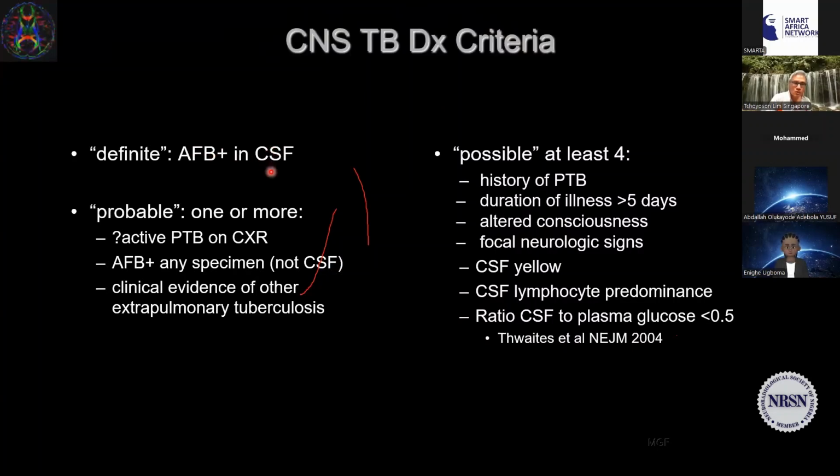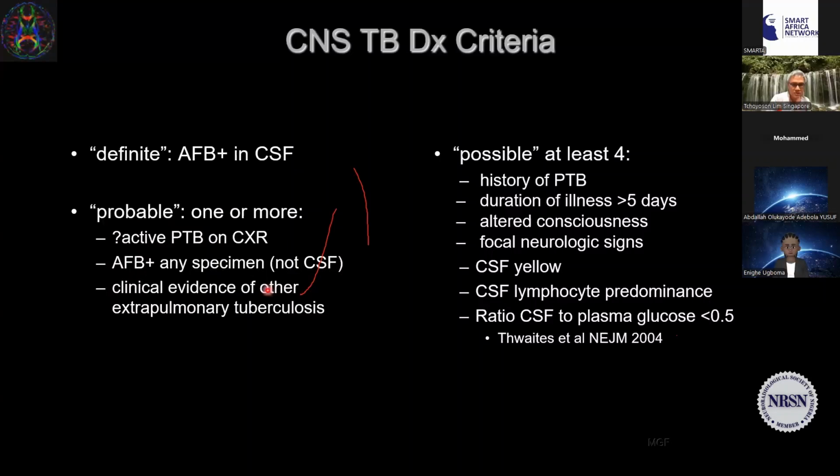If we don't have acid-fast bacilli in CSF, probable TB is important for us to suspect if one or more of the following are present. So patients who have active pulmonary tuberculosis on the chest X-ray, or acid-fast bacilli on any specimen other than CSF, because that would give you definite, will be probable.